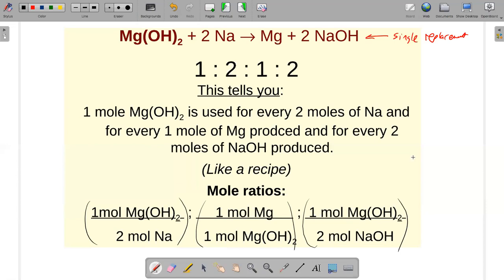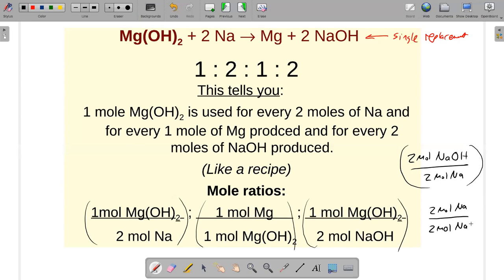You can write other ones. You can say for every 2 moles of sodium hydroxide, we're going to need 2 moles of sodium. That's another ratio, because for every 2 sodium hydroxide, you need 2 sodiums. You can also write this upside down: for every 2 moles of sodium, you get 2 moles of sodium hydroxide.